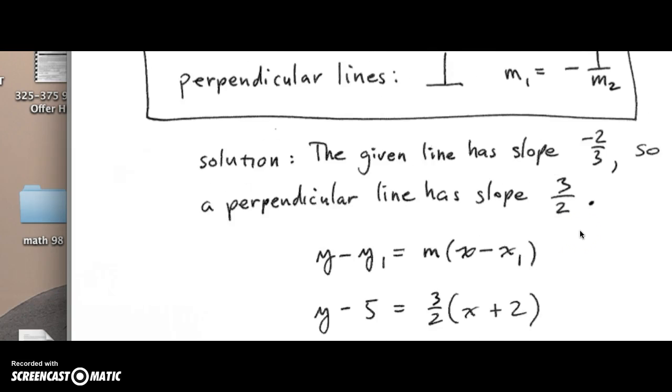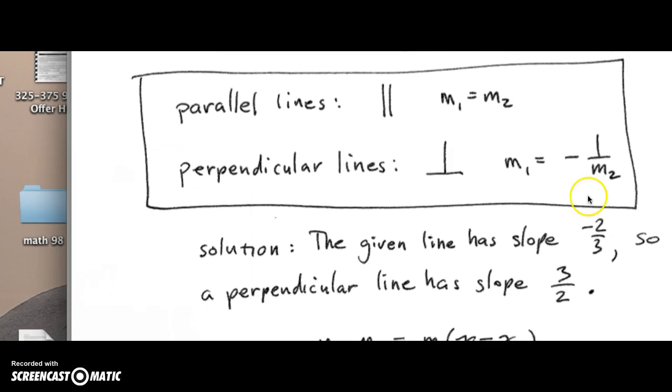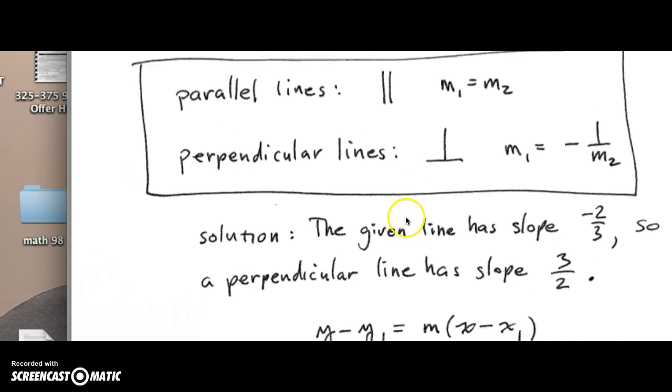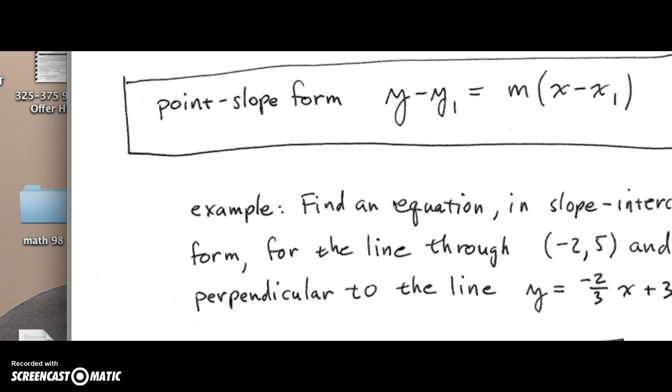Okay, basically the stuff in the boxes is what you need to have as memory material for doing these assignments. You should know the relationship between slopes of parallel and perpendicular lines. You should know the point-slope form, memorize this guy, y minus y1 equals m times x minus x1, and know that that's the point-slope form because it's an equation when you have a point and a slope.